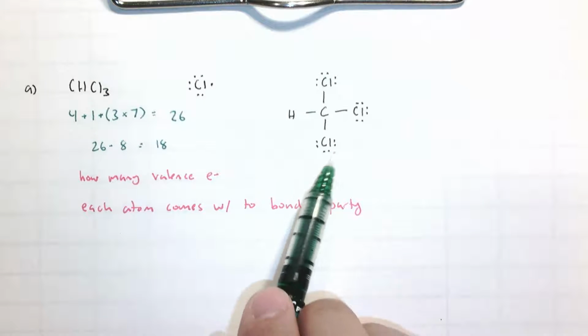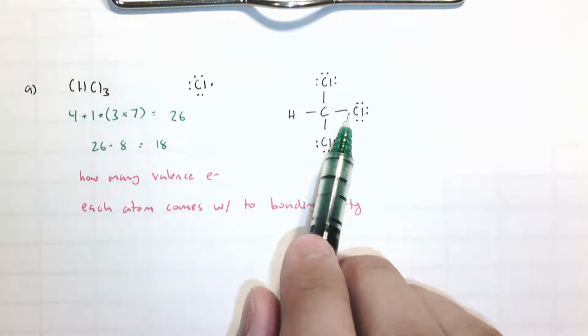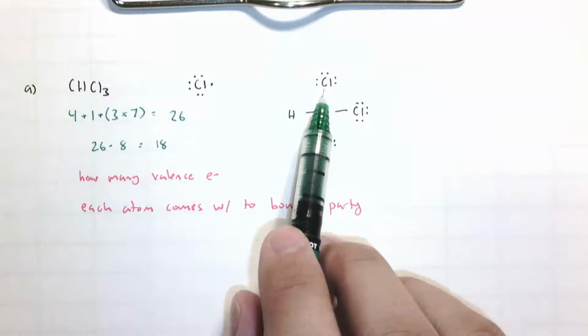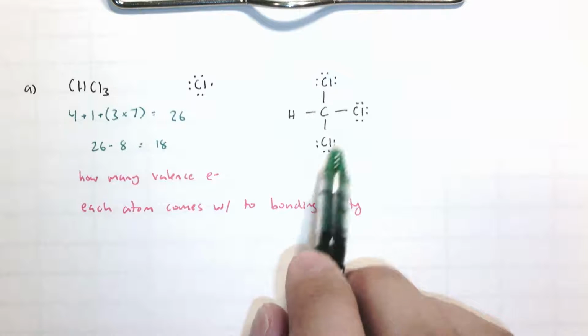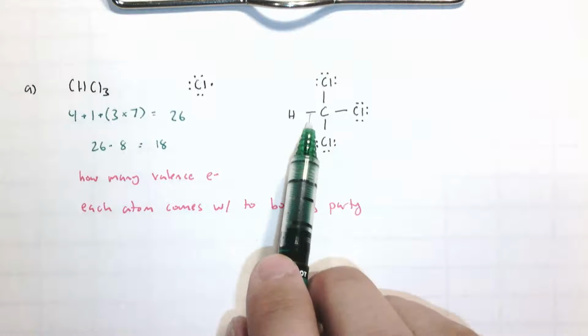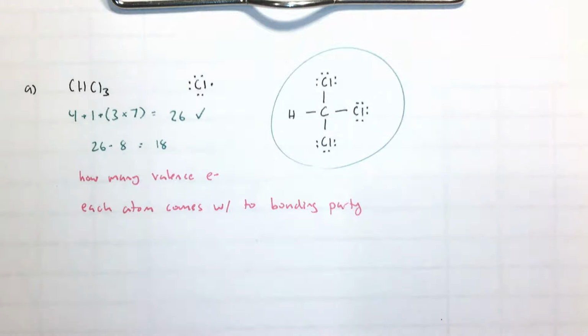And then each of these chlorines has 3 lone pairs, which is a total of 6 non-bonding electrons for each chlorine. So 6, 12, 18 plus 8. So that's 26. Check. That's the Lewis structure for CHCl3.